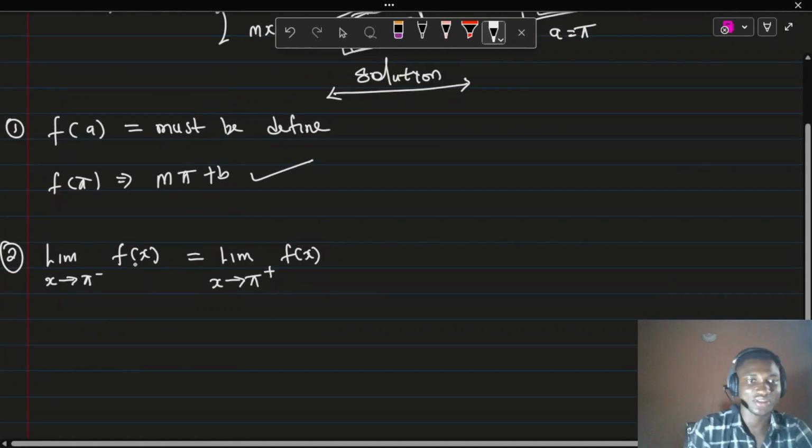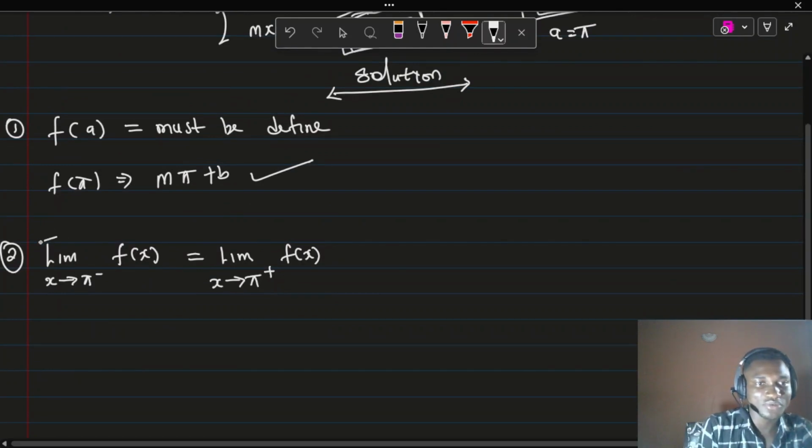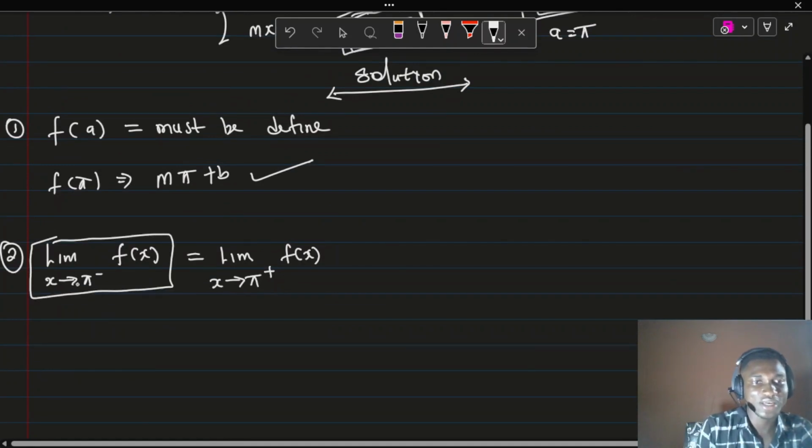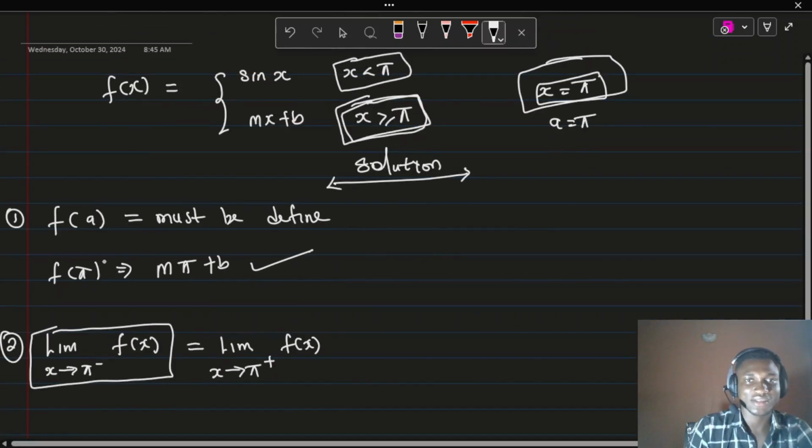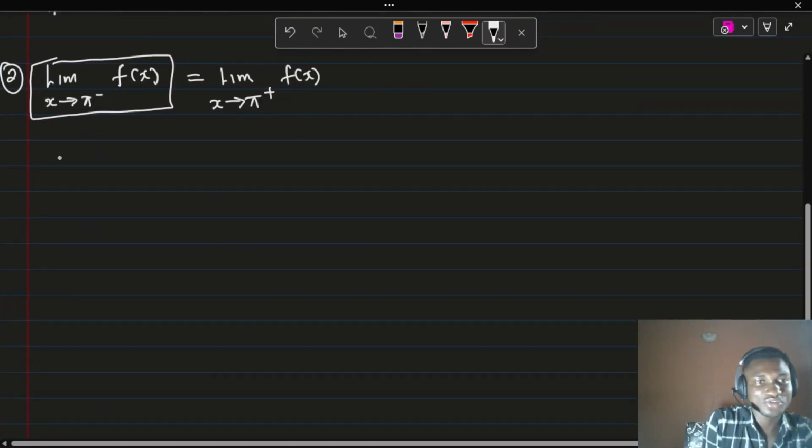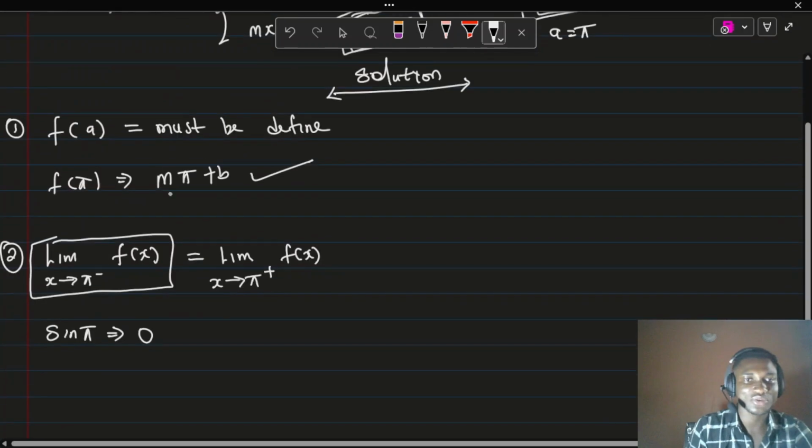As simple as that. So let's deal with the first one. Limit as x approaches pi from the left hand side, that is less than pi. We are going to choose this one. It is less than pi, so we are going to choose sine pi, and sine pi will surely give us 0 in radians.